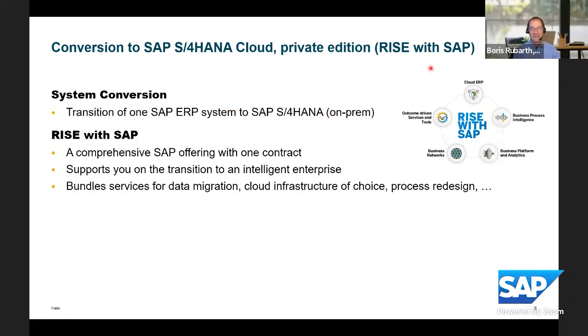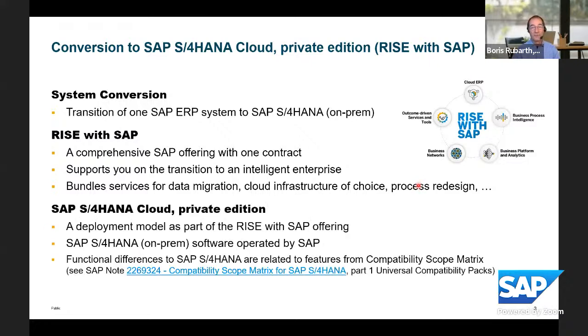And at least as one illustration, you see here the 5 aspects from cloud ERP, business process intelligence, business platform and analytics, business networks, and outcome-driven services and tools. Much more behind this. And now the third term that is important to discuss is SAP S/4HANA Cloud Private Edition.